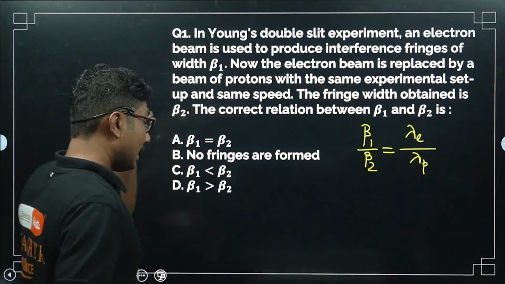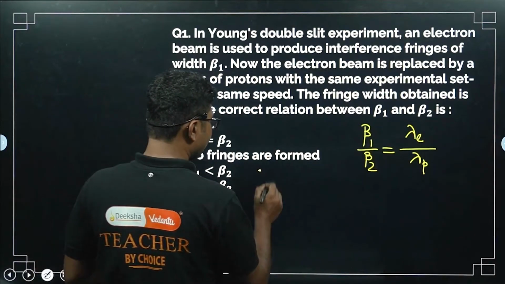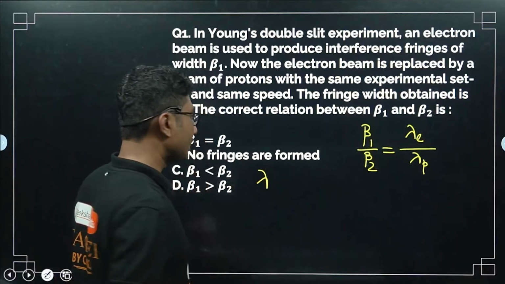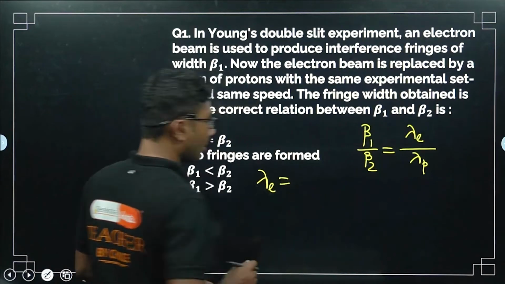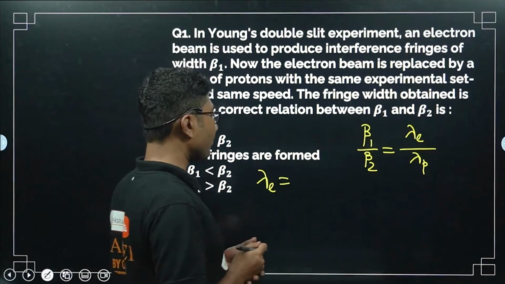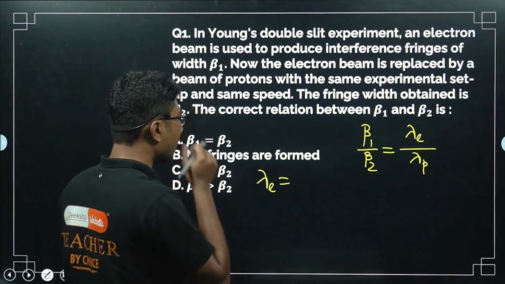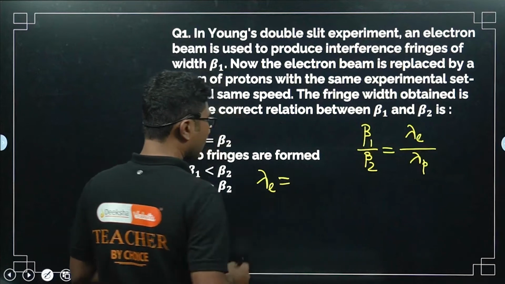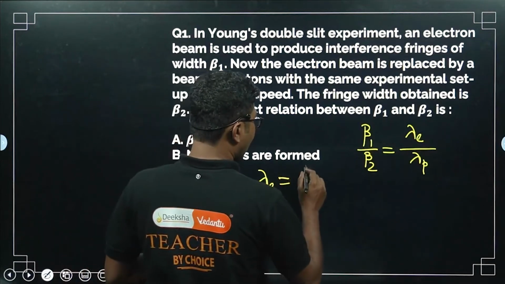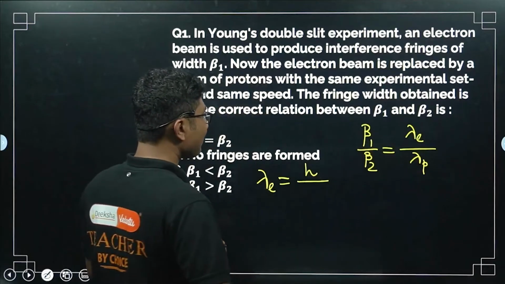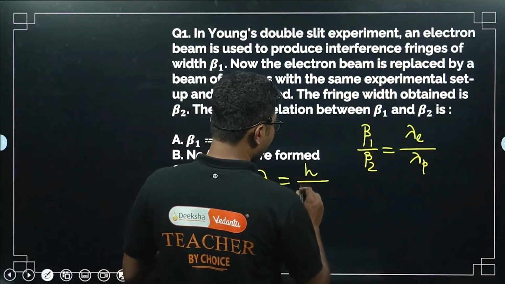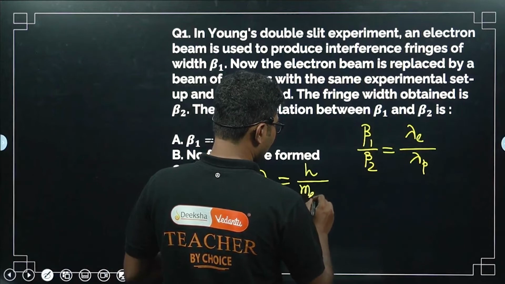Now let us recall de Broglie's principle. This is a mixed concept question. It is a hard question, of the level of the NEET exam, so if you are preparing for NEET, this is a very good starting point. We know that the wavelength is given by h by p, where p means mass into velocity.